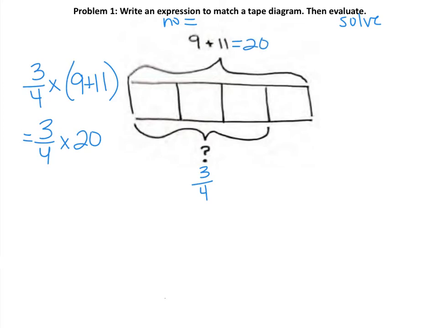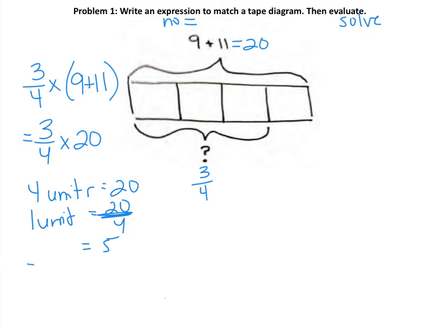So, I can solve this many ways. I can go back to how we solved a while ago, which was 4 units is equal to 20. 1 unit is equal to 20 divided by 4, which is 5.